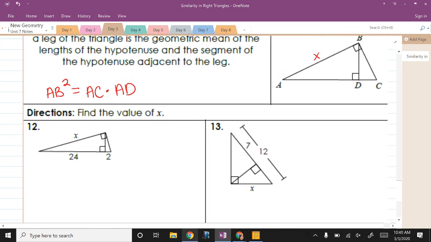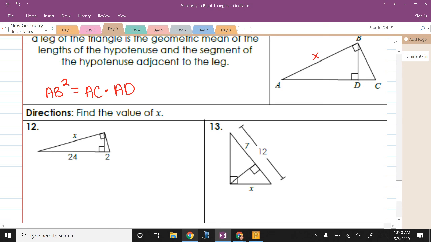So on number 12, X is a leg of the big triangle. So you're going to say X squared equals the whole hypotenuse times this leg closest to it. The whole hypotenuse times this leg closest to it.